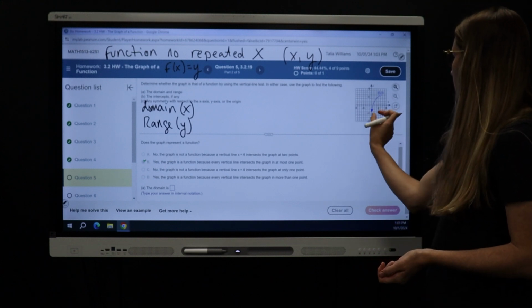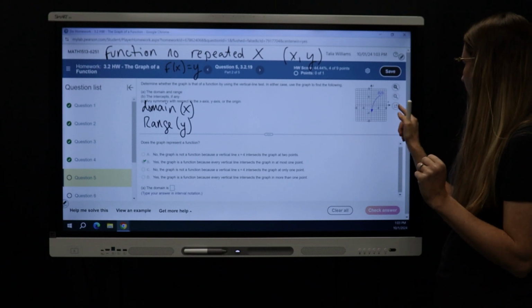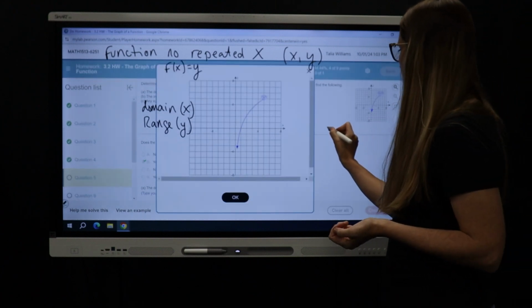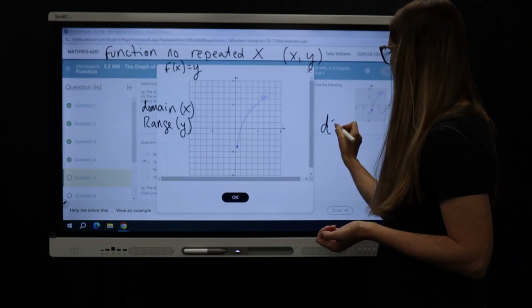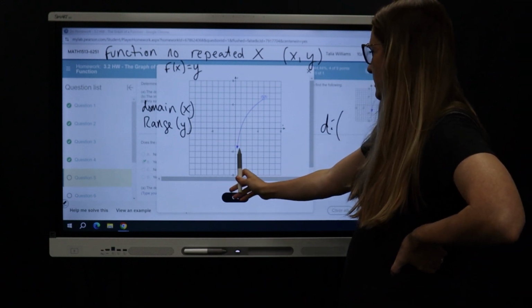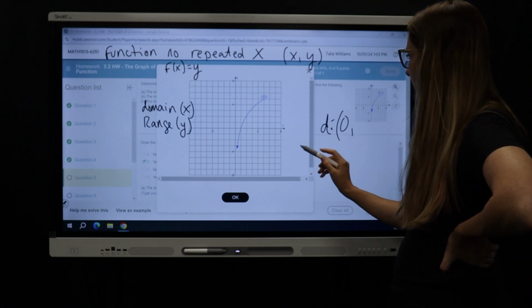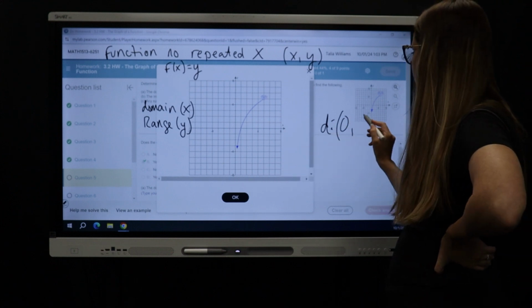Domain. So our domain values here. Oh, this is that tricky one. So our domain, it's never going to cross 0, so it's going to be parenthesis 0 to positive 5.